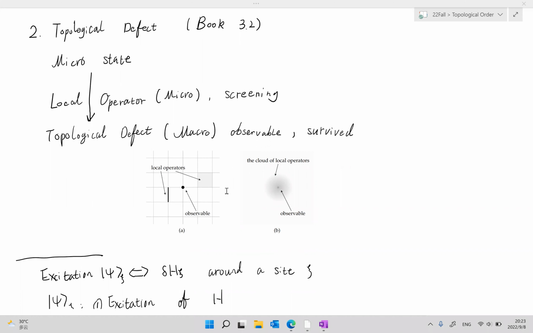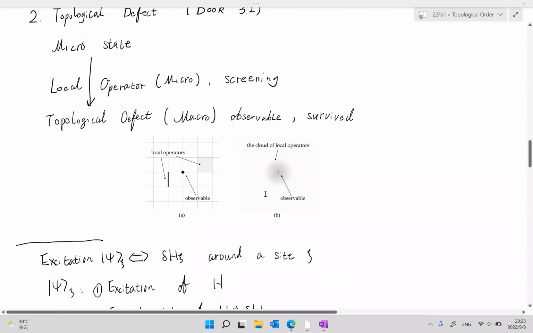When we are doing coarse-graining, the local operators will screen some local degrees of freedom, and only some macroscopic things will survive.